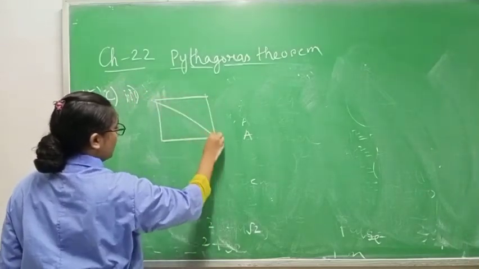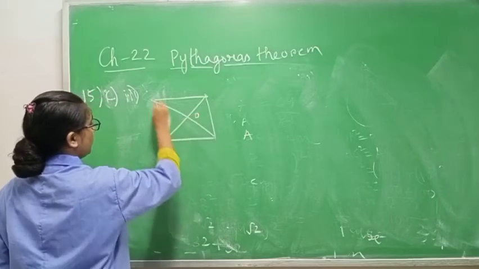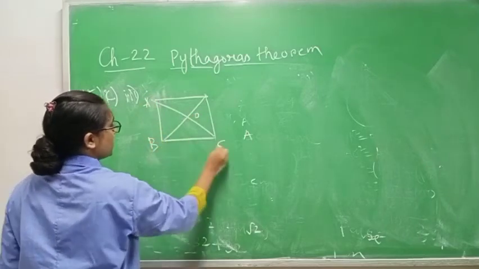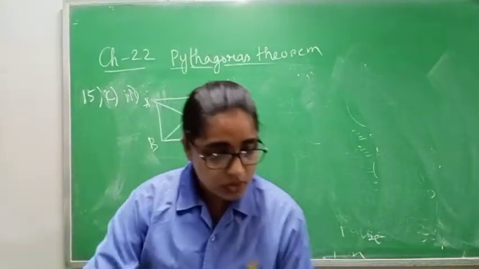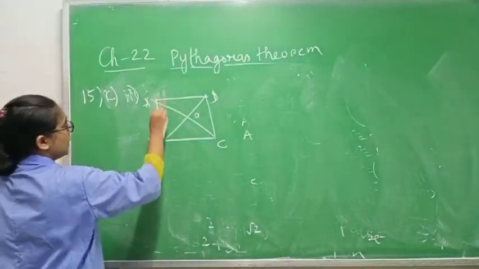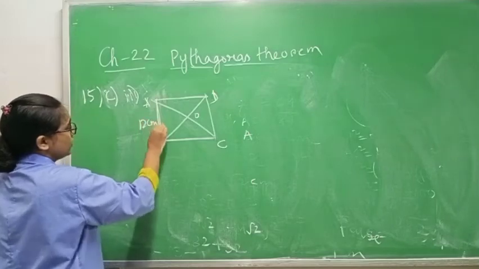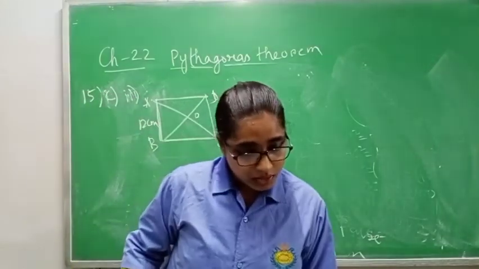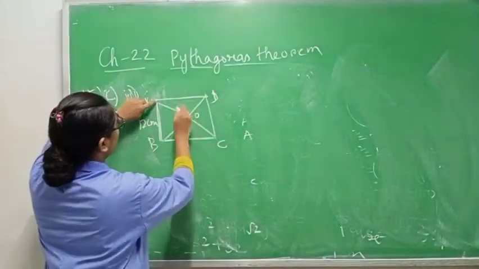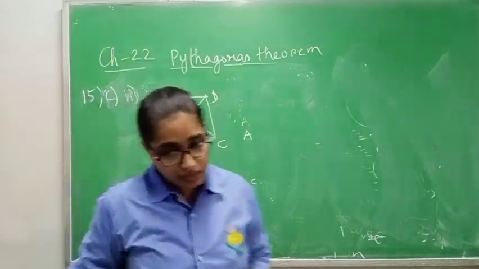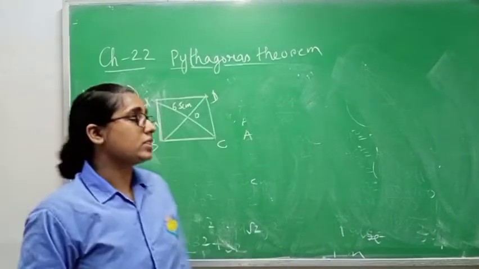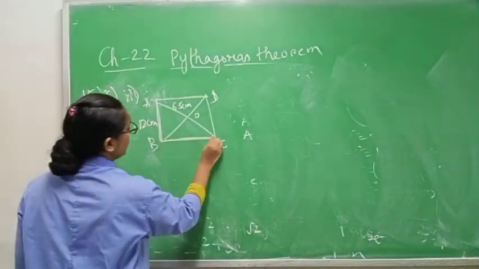The two diagonals intersect each other at the point O. Now, AB equals 12 centimeter, and AO equals 6.5 centimeter. What are they telling you to find? Find the length of BC.